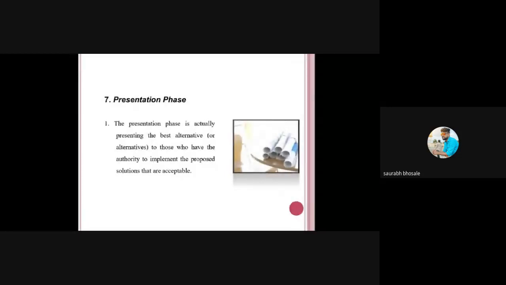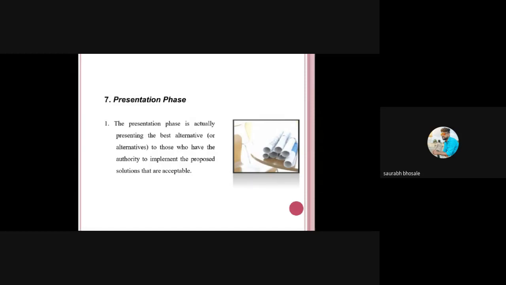Okay, whatever the recommended ideas or recommended alternatives, the complete report will be prepared on those ideas, and that report will be presented in front of the decision making authority.